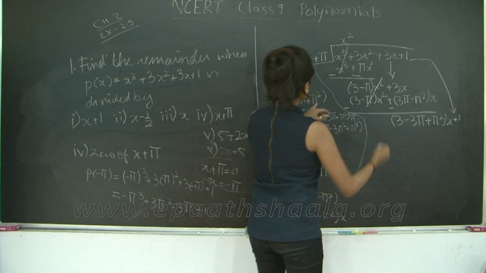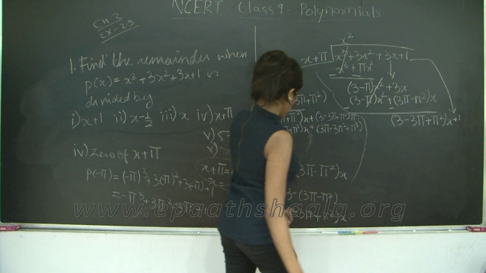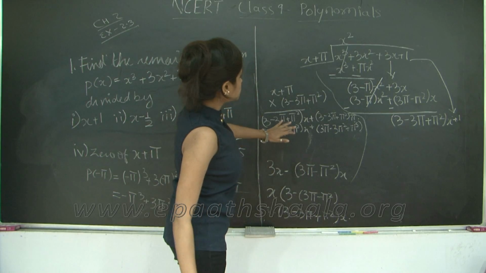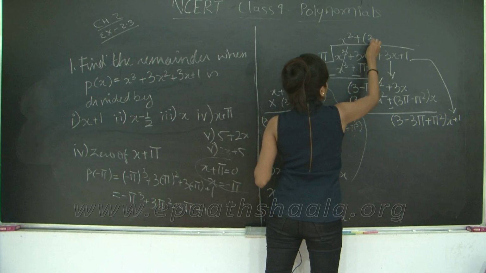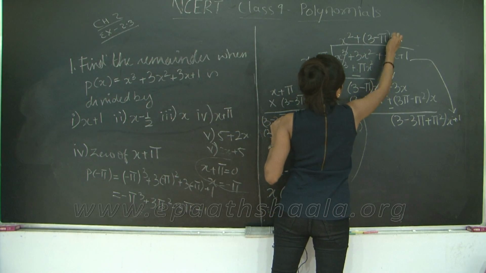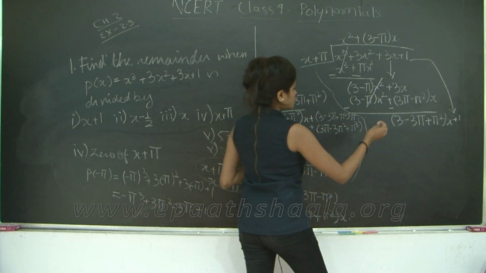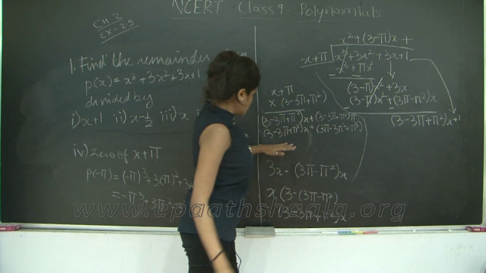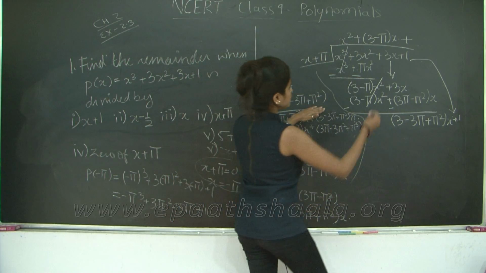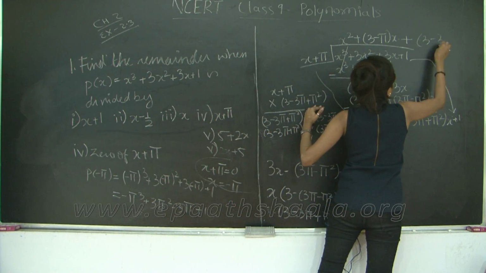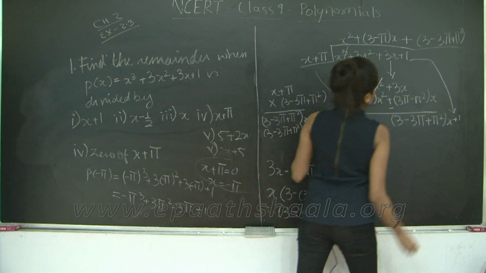Okay. So, oh, I missed writing the term over here. This was plus 3 minus pi into x, right? So now plus 3 minus 3 pi plus pi square. Right?